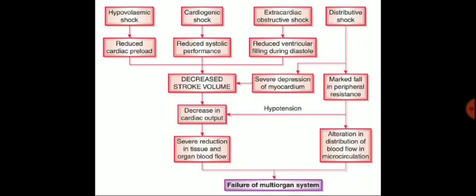Distributive shock: there is a marked fall in peripheral resistance and severe depression of myocardium that leads to severe reduction in tissue and organ blood flow, and this leads to failure of multi-organ system. Also, marked fall in peripheral resistance and alteration in the distribution of blood flow in the microcirculation lead to failure of multi-organ system. So these are all the types of shock.